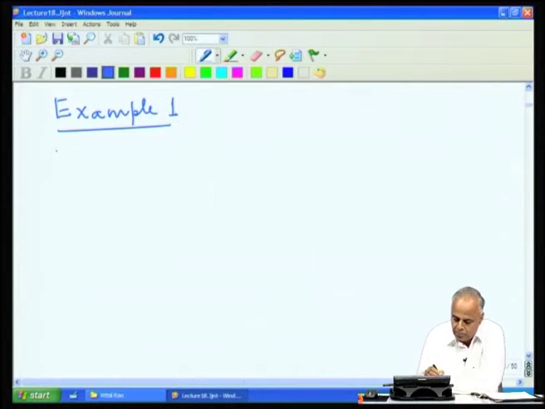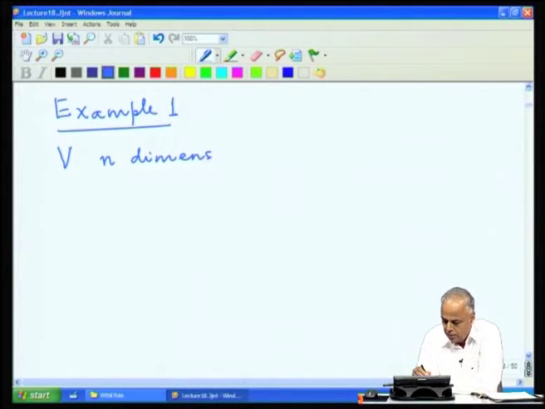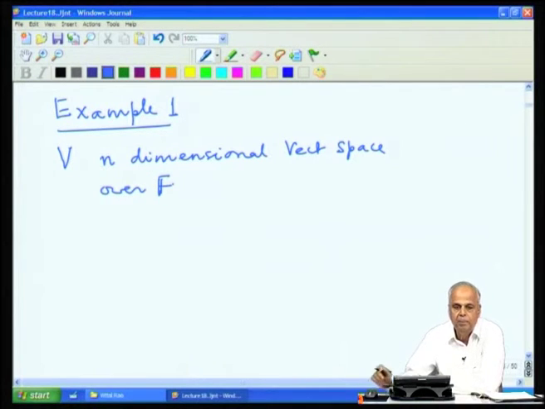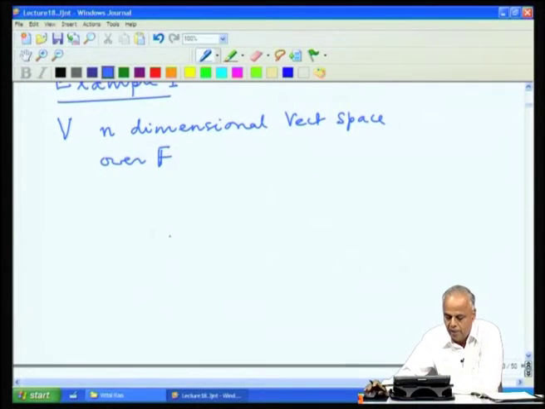What is this example? Let us take V, an n dimensional vector space over the field F, and let us choose an ordered basis for V. Any basis must contain n vectors because the dimension of the space is n.